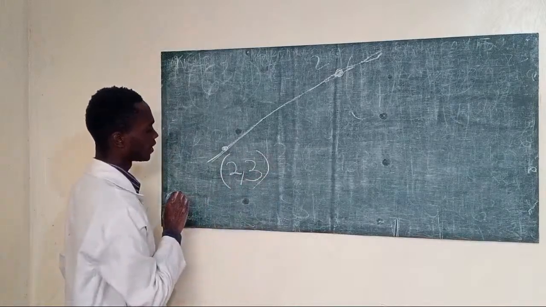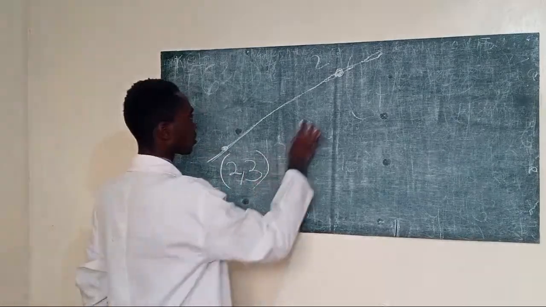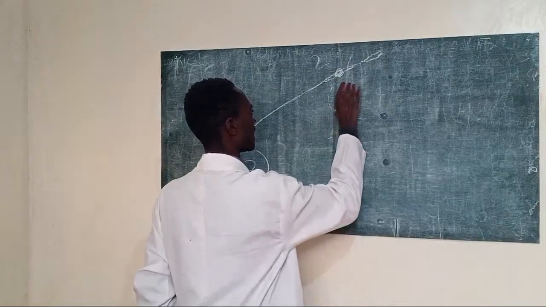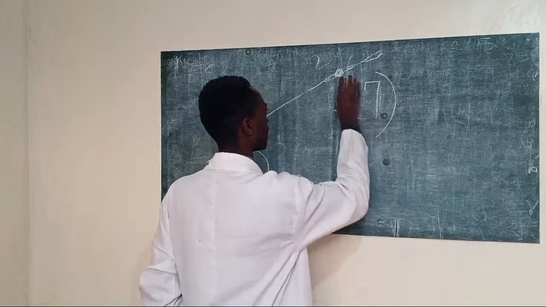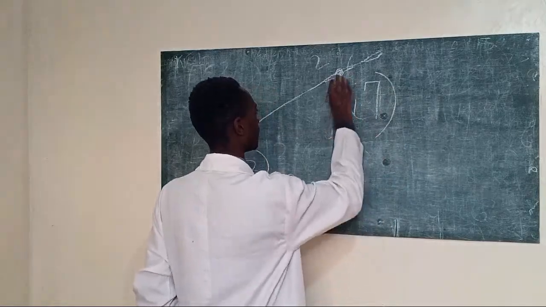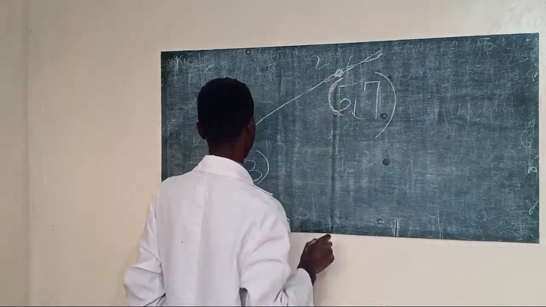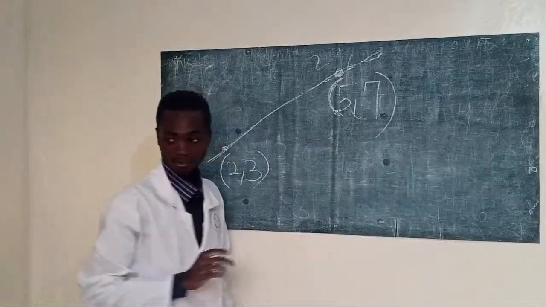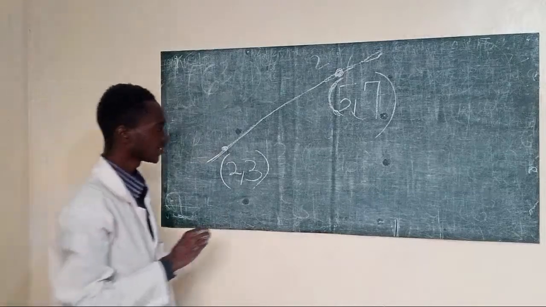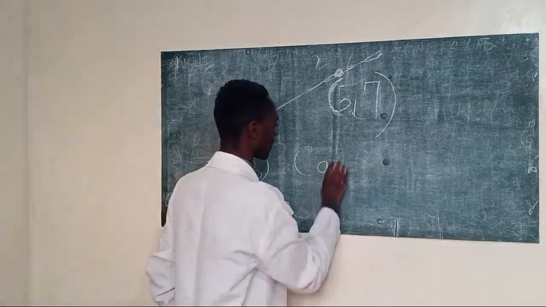And in this one I'm given the coordinates as 5, 7. Then I'm told to calculate the gradient of the line.